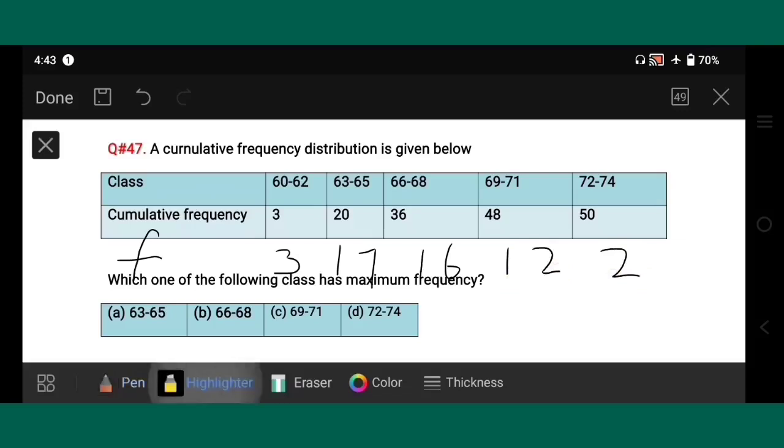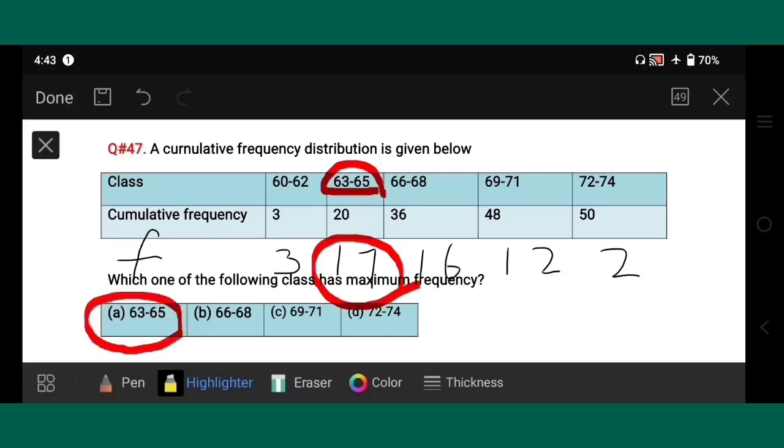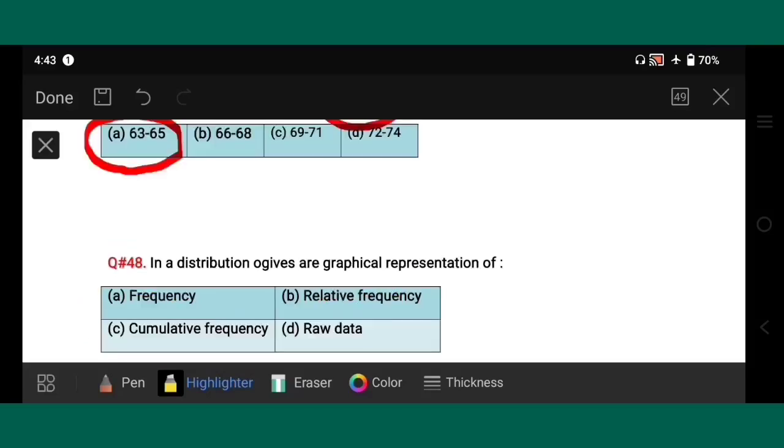So the maximum frequency is 17, which is of this class. The 63 to 65 class has the maximum frequency. So option A is correct.